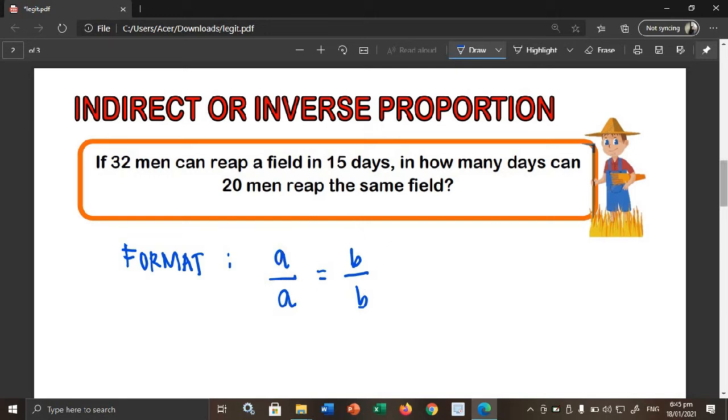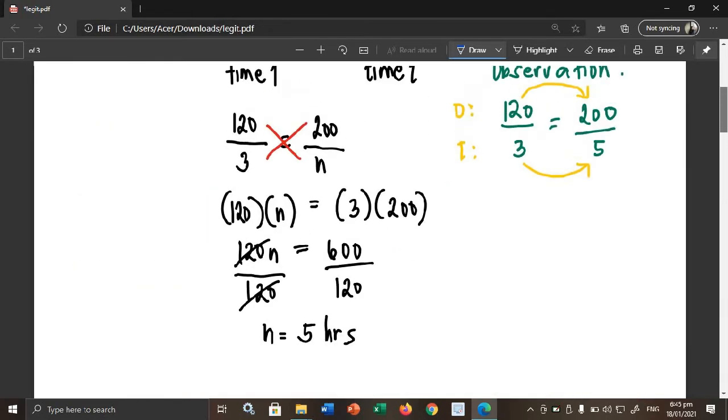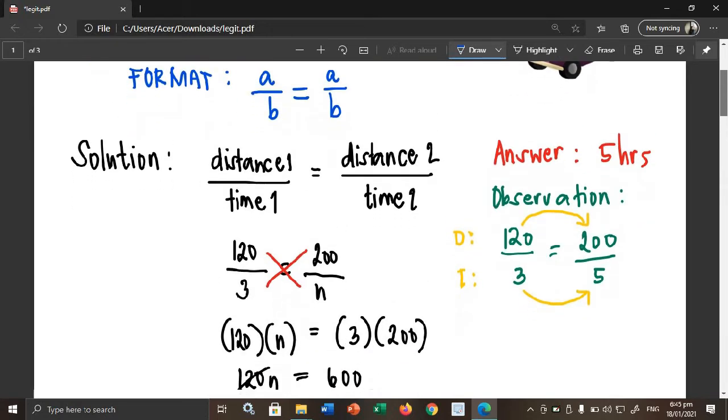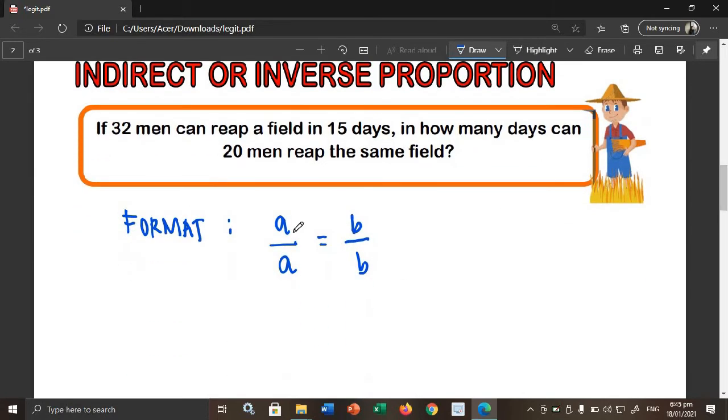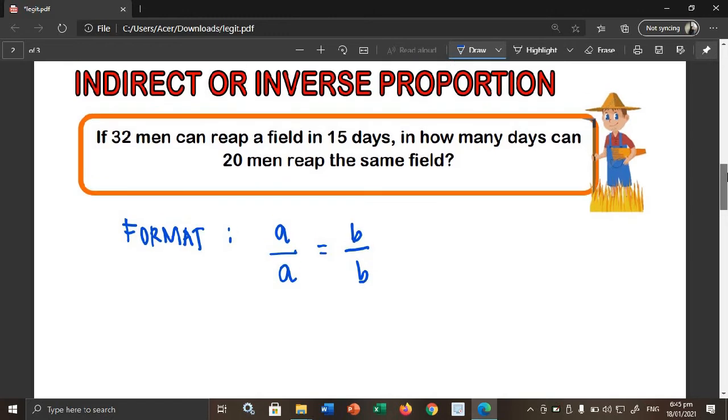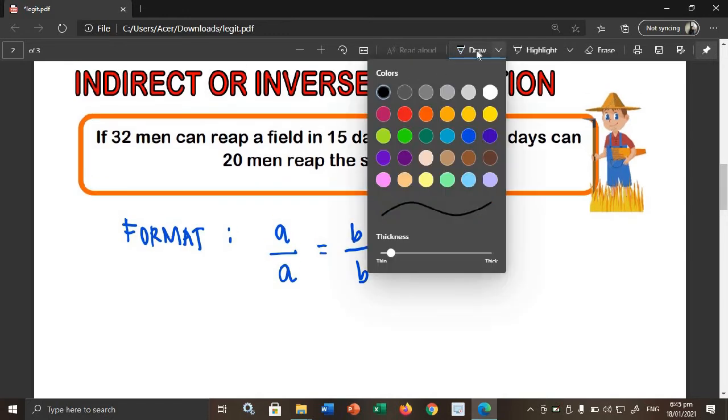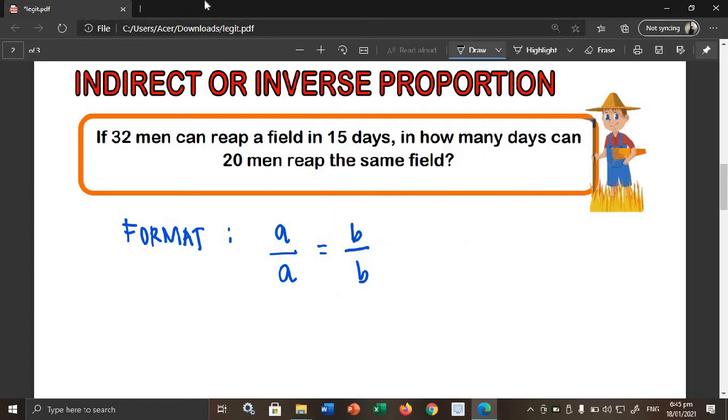If you noticed earlier in direct variation, you have AB is equal to AB. So here, A over A is equal to B over B. Let's solve this problem to better visualize how to solve problems regarding indirect proportion.